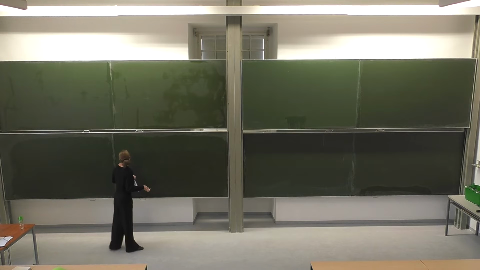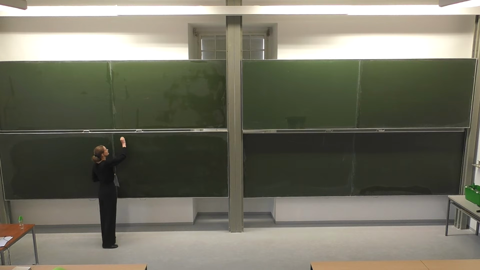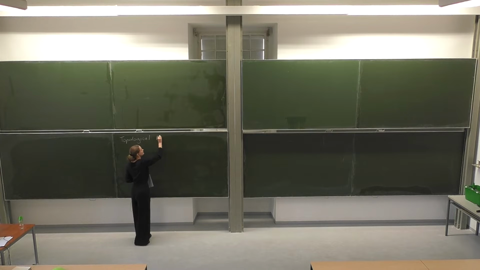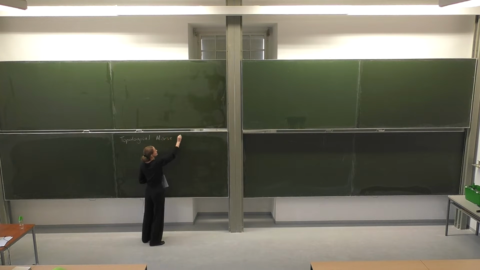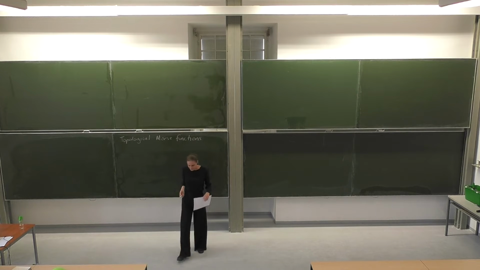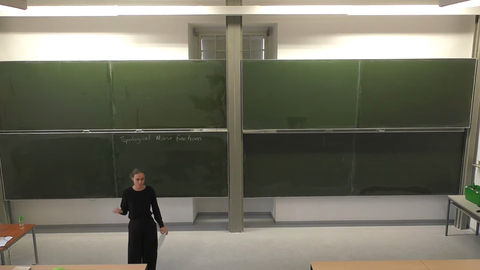So I think that the story starts with topological Morse functions. When doing Morse theory, the standard theory assumes that your function is smooth.